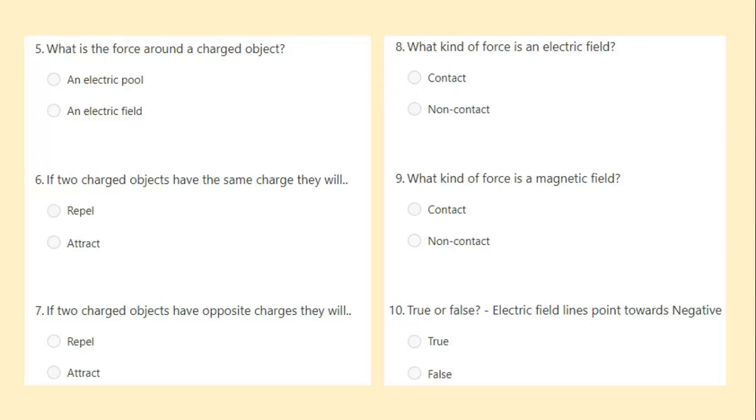Question 9 is a similar question. What kind of force is a magnetic field? Again, is it a contact force or a non-contact force? And question 10 is a true or false. Electric field lines point towards negative.